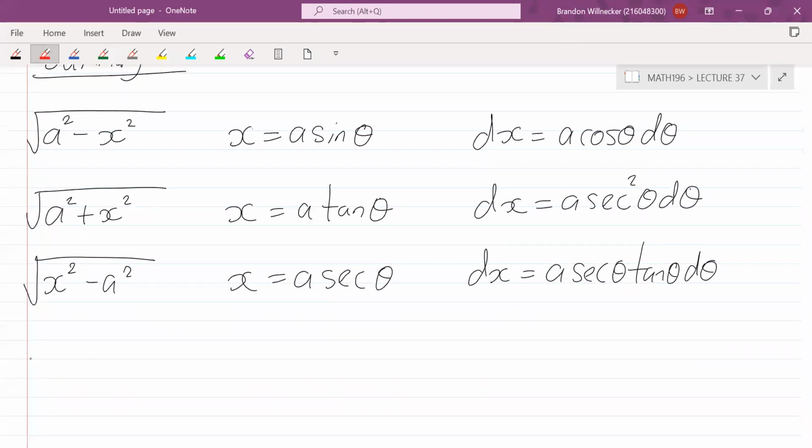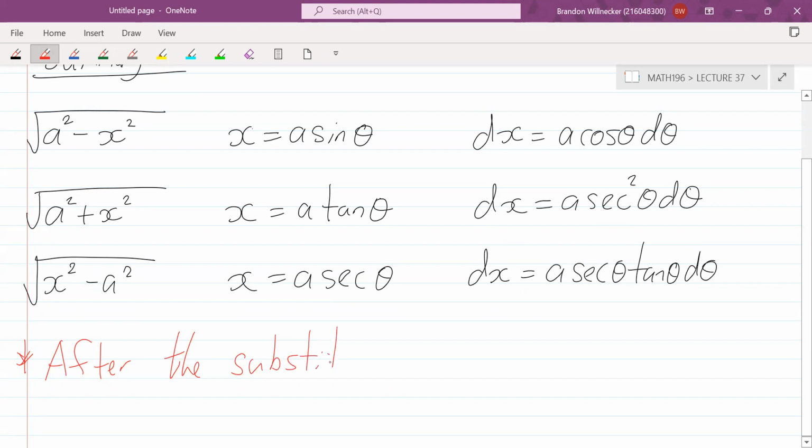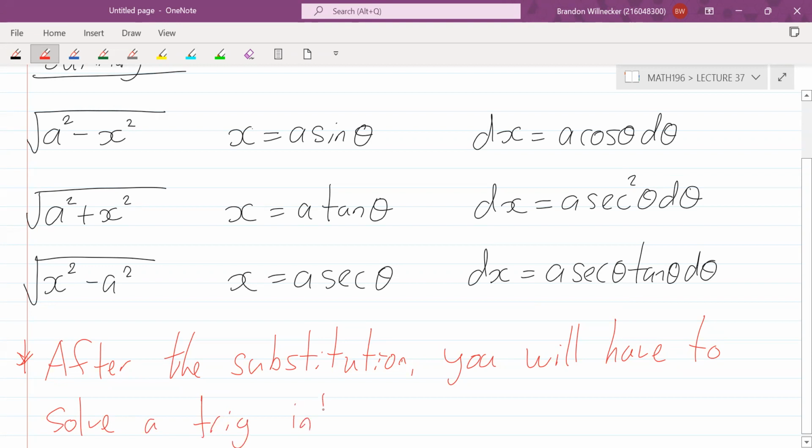Just a note: after the substitution, you will have to solve a trig integral. So if you need to go over your trig integrals, please do that.